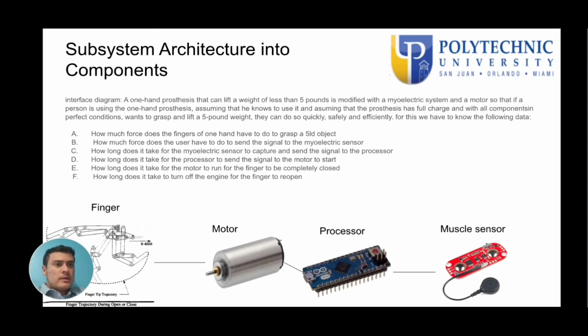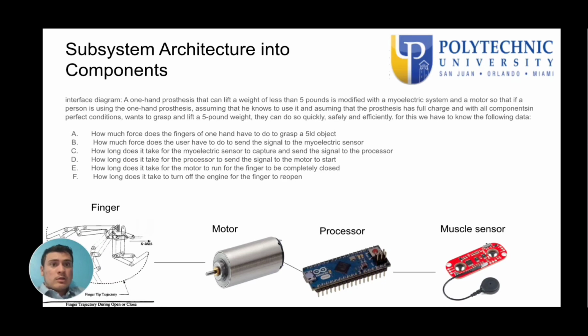For this, we have to know the following data. How much force does the finger of one hand have to apply to grab a 5-pound object? How much force does the user have to apply to send the signal to the myoelectrical sensor? How long does it take for the myoelectrical sensor to capture it and send the signal to the processor?